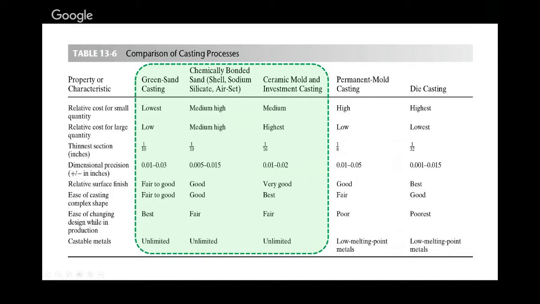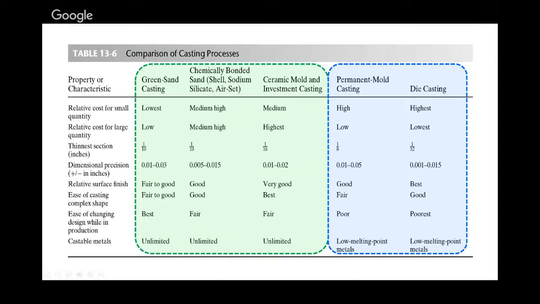So last time we talked about really these three and some other categories, and over here on the left hand side, you see that there's different features. We talk about the thinnest features, the simplicity, the complexity, and then the metals. And then the permanent mold casting and the die casting, the multiple use molds, I've got here in the blue.